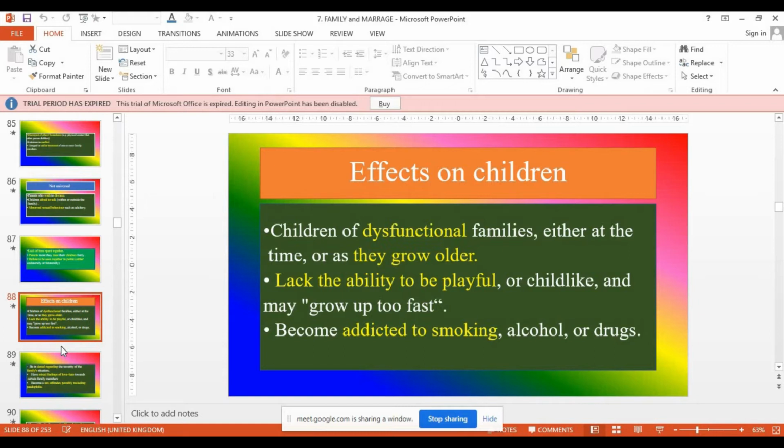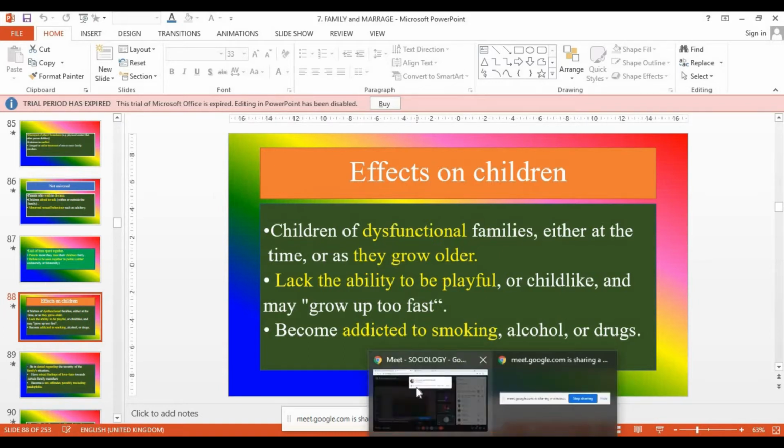First effect: dysfunctional family, either at the time or as they grow older. So the same kind of behavior is transferred when children become adults. Next, lack of the ability to be playful, which is an important one.